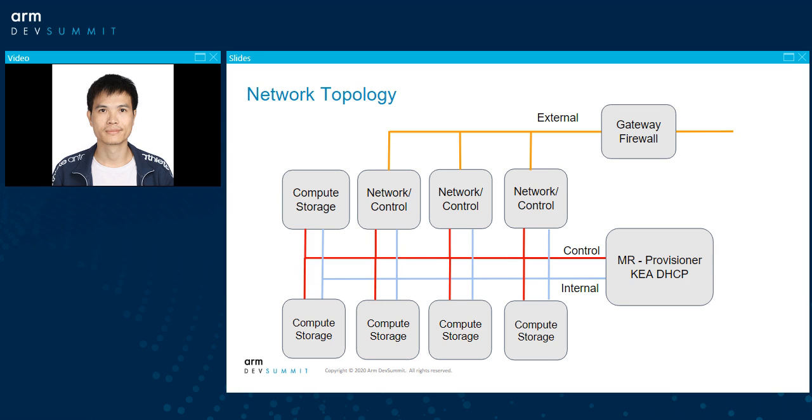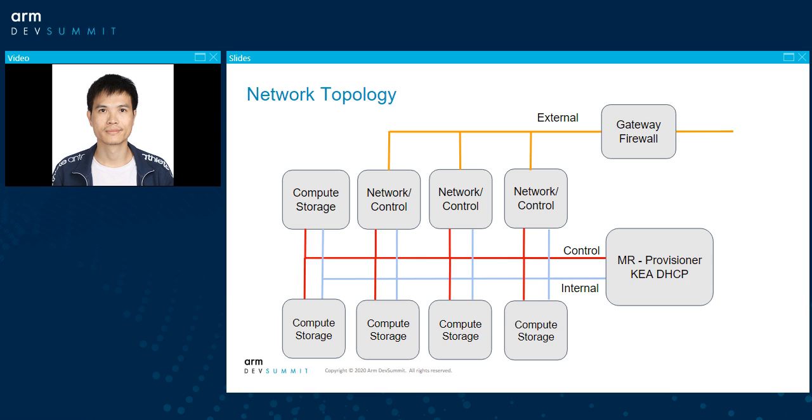This is our network solution. We mainly use three networks. See the orange network. It is the external network used by the network node to provide internet access.